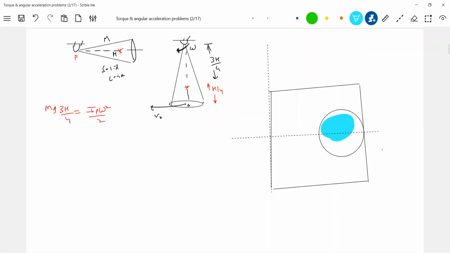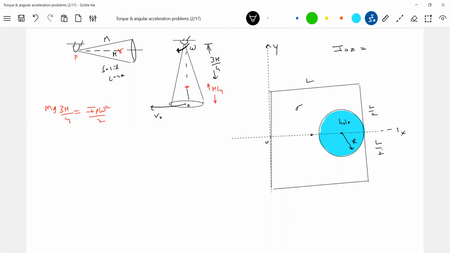This is a hole. This is a square plate of side length L and having a density sigma. Then what is the moment of inertia about the z axis passing through the origin? I_OZ has to be determined here. This is a hole. Then what should be the approach?